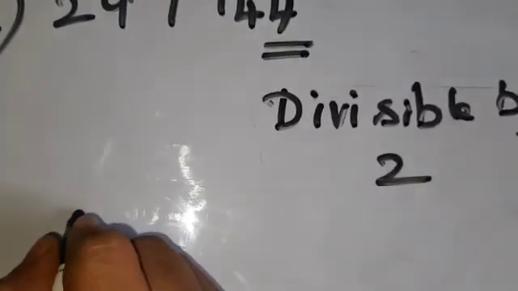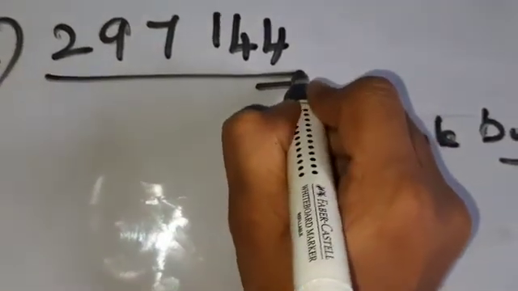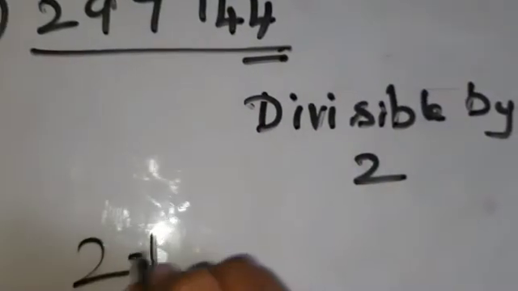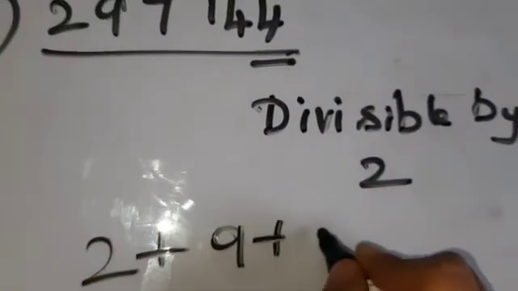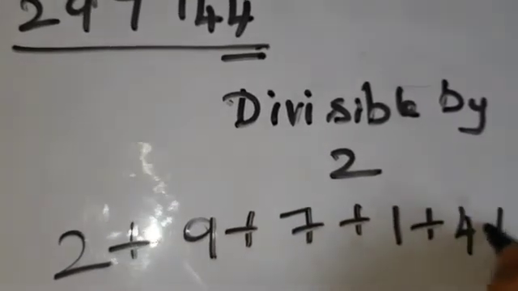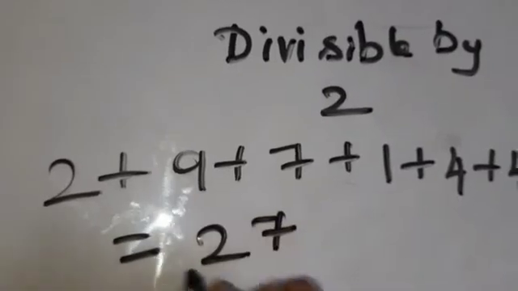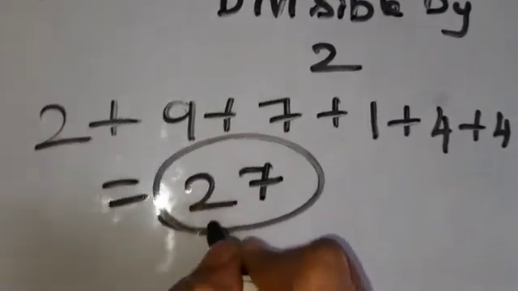For divisibility test of 3, what will we be doing? We will be adding the given digits. So 2 plus 9 plus 7 plus 1 plus 4 plus 4 equal to 27. So 27 is a multiple of 3.